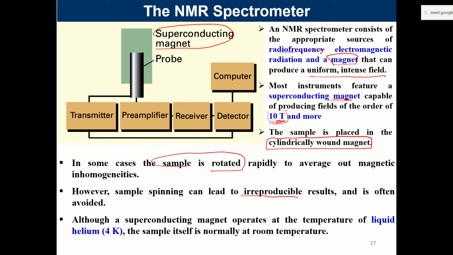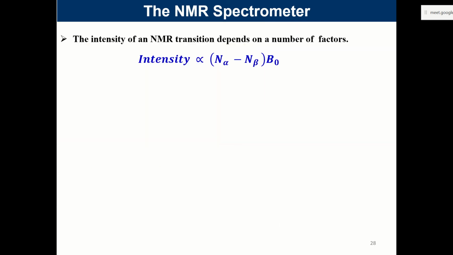In science, whenever you do research or experiments, the idea is to get reproducible results; only then is it acceptable. If you are getting irreproducible results, then it has no meaning. So sample spinning is avoided as far as possible. Liquid helium is used at 4 Kelvin, but the sample is kept at room temperature in most cases.